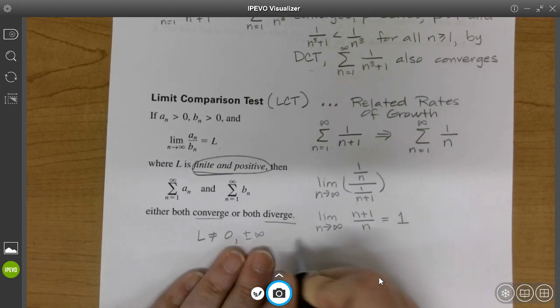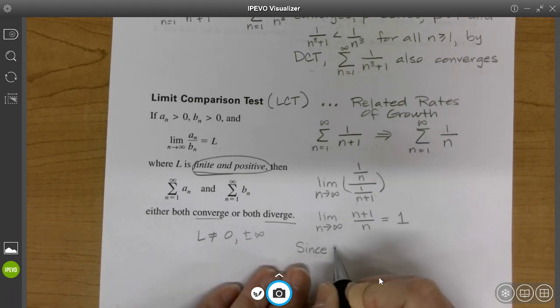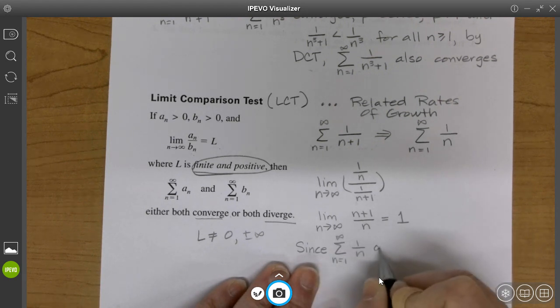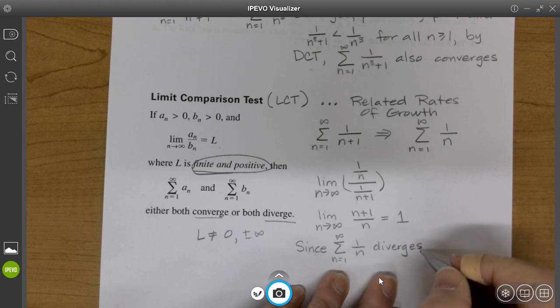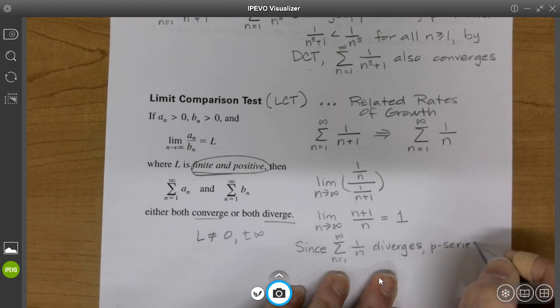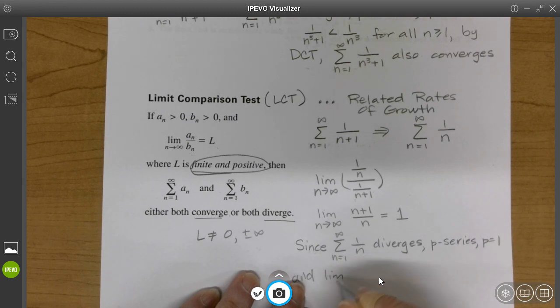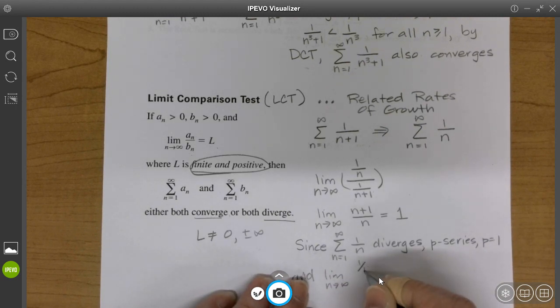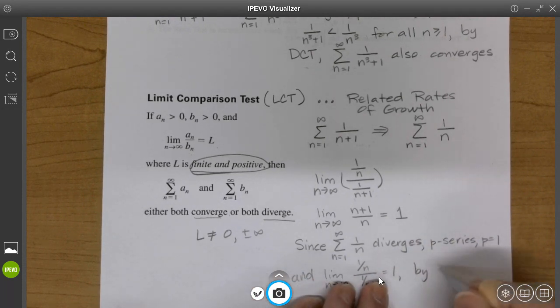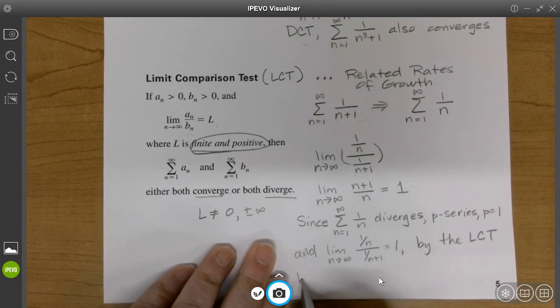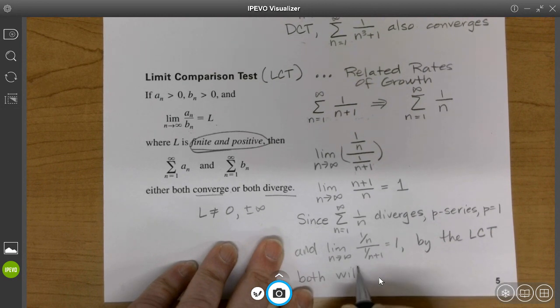So we have to make a statement. We have to say, since the sum from n equals 1 to infinity of 1 over n diverges, and how do we know that? The P series, P equal to 1, and the limit as n goes to infinity of 1 over n over 1 over n plus 1 equals 1, by the LCT, the limit comparison test, both will diverge.